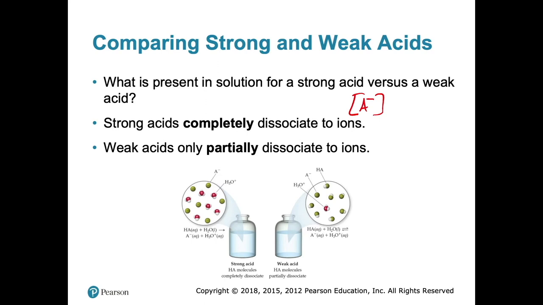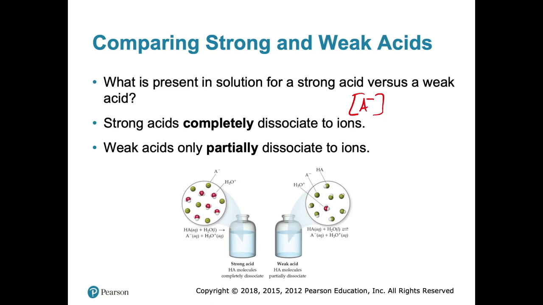You see here that in a strong acid there are 1, 2, 3, 4, 5, 6 of the conjugate base and 1, 2, 3, 4, 5, 6 of the conjugate acid, which is the hydronium. So every single molecule of this acid broke apart into its conjugate base and made H3O. But over here, the weak acid only partially dissociates. Here's one H3O molecule, only one, and the rest have stayed together.